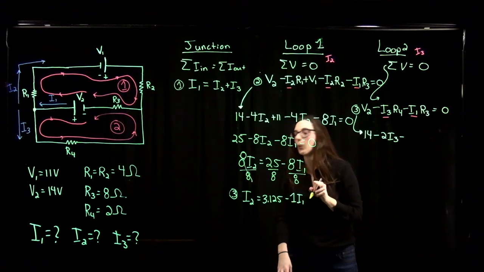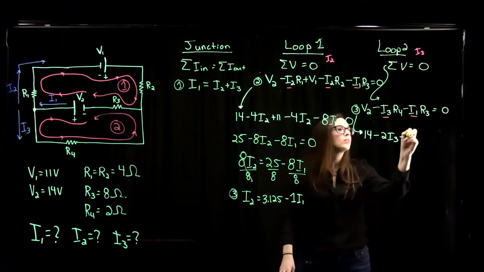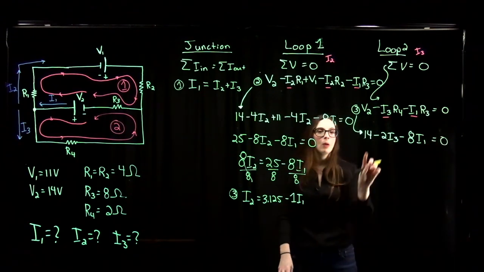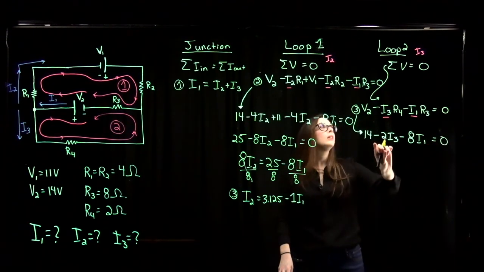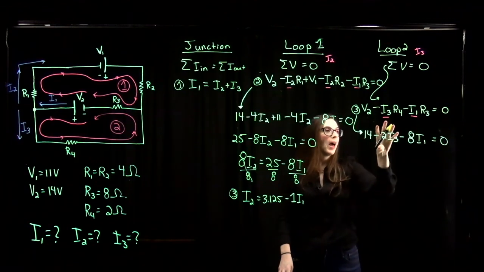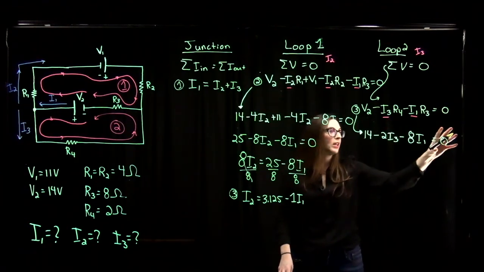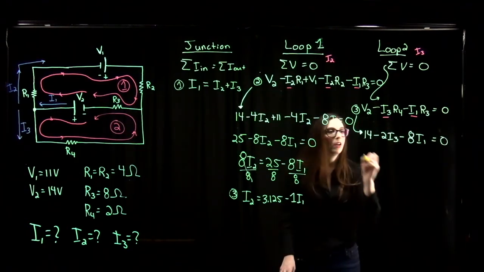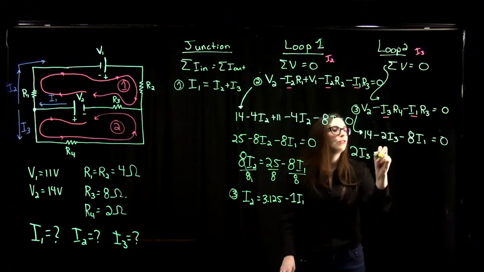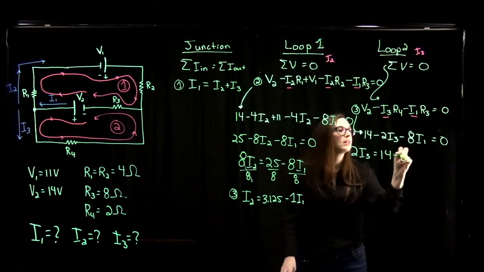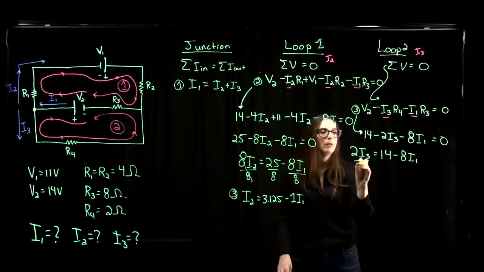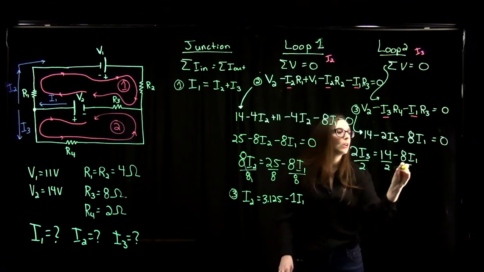R3 is 8 ohms, so minus 8 I1, and that equals 0. And we're going to solve this equation for I3. So I'm going to add 2 I3 to the other side, so then I have 2 I3 is equal to 14 minus 8 I1. Divide both sides by 2, so divide each of these terms by 2.